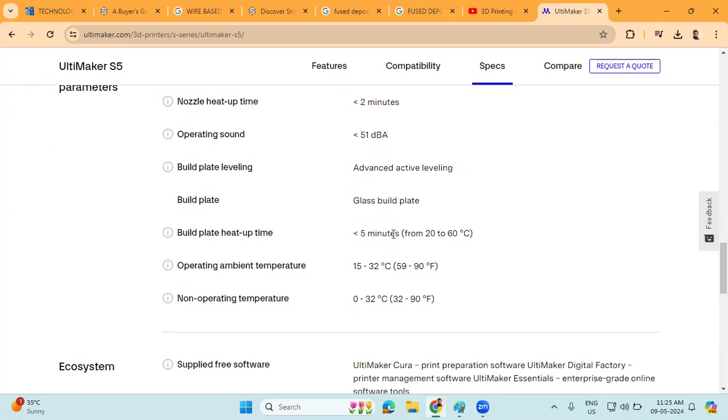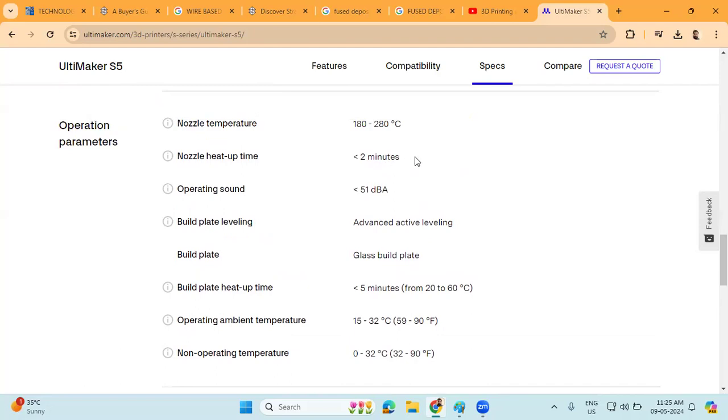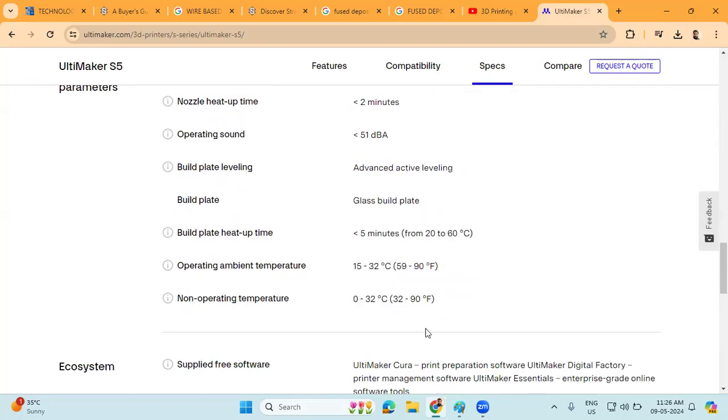The printer's nozzle temperature ranges from 180 to 280 degrees Celsius and has a heat up time of less than 2 minutes. The non-operating temperature range is 0 to 32 degrees Celsius.